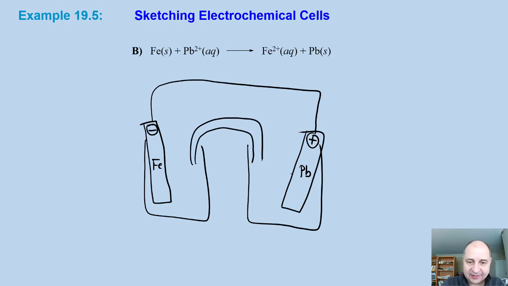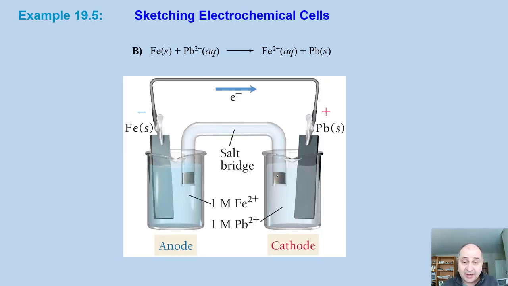And the flow would be from negative to positive, so that way. And so here I would have iron, and here I would have lead ions. Okay, I wonder if I forgot something. And then, yeah, the concentrations, if you wish, for the standards would be 1 molar.